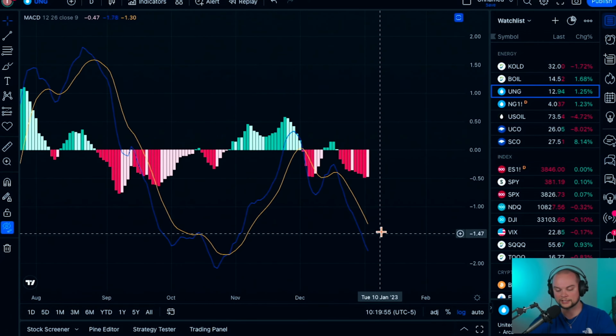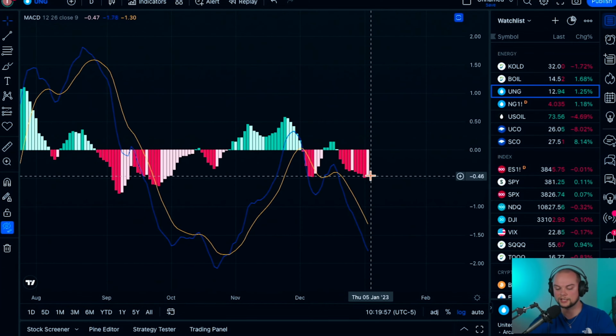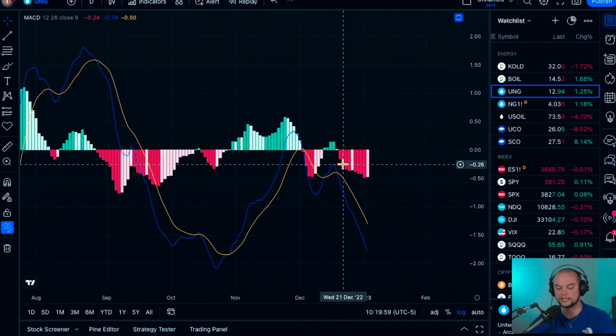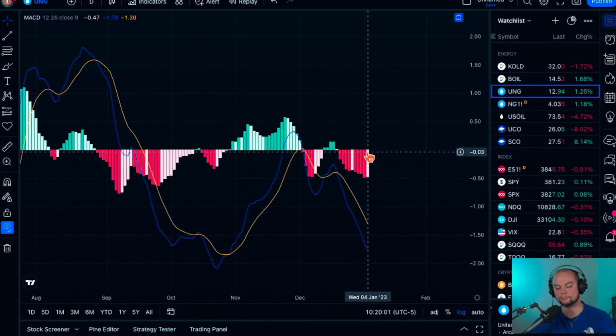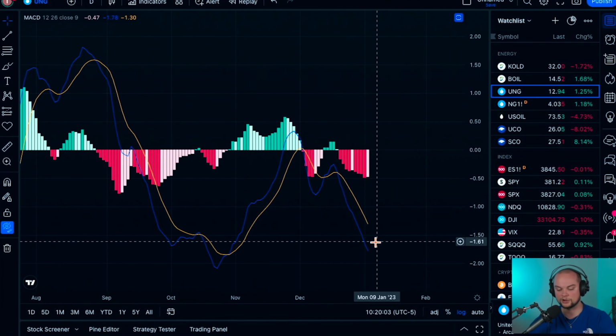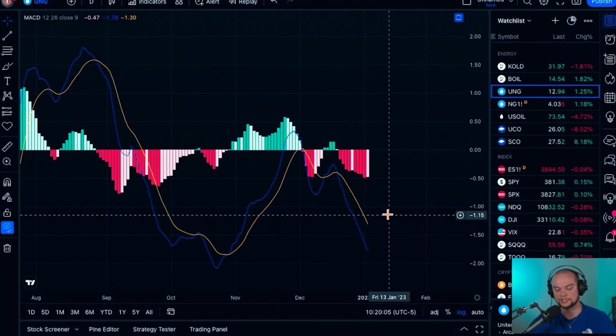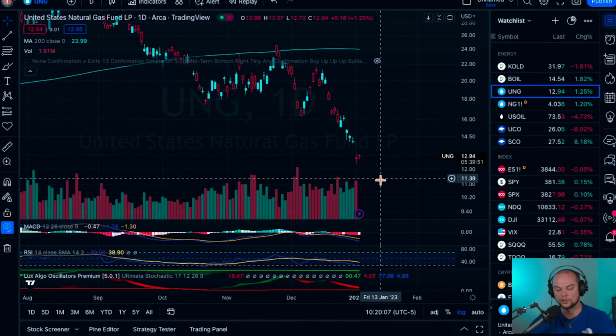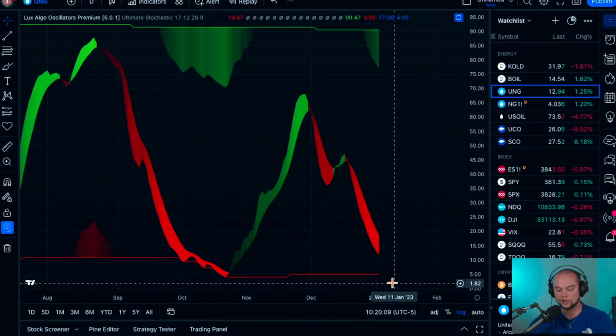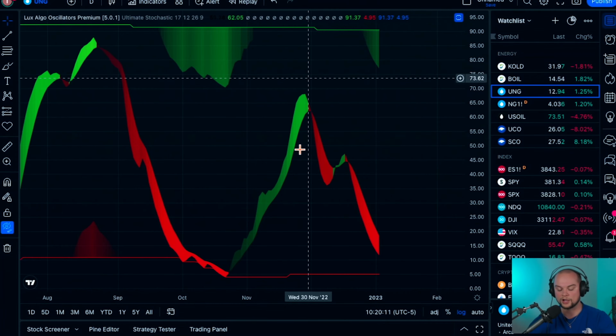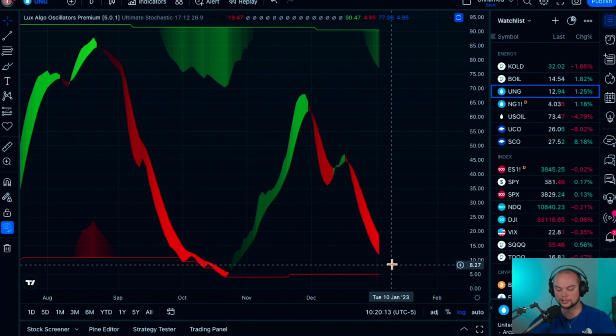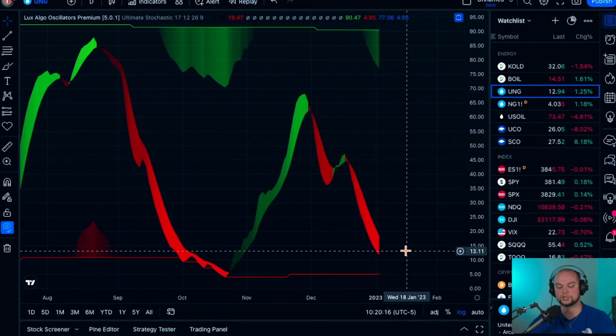Well, taking a look at the MACD, you can see still getting some pretty acceleratory histograms here from the MACD. These are bearish histograms here, and also you're seeing the MACD lines continue to separate. Also you can see on the Lux Algo oscillator here, you're seeing just completely bearish oscillations.